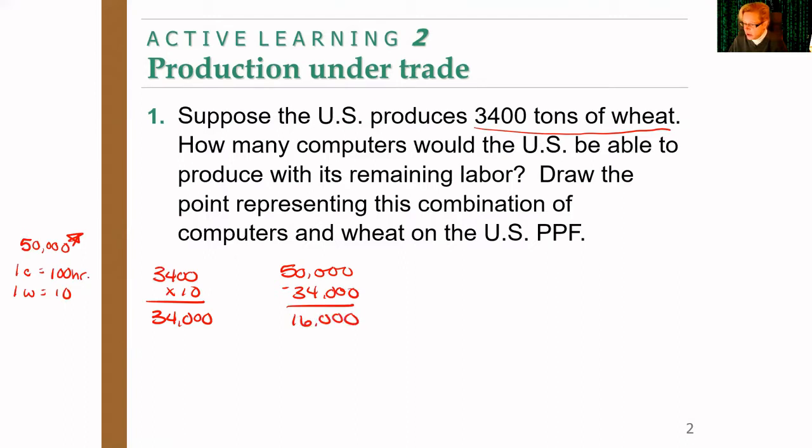It takes 100 hours to produce a computer, so I'm going to take 1,600, divide that by 100, or lop off 2 zeros. So the answer to this one is 160 computers. Now, there are different ways to get to it, and that's what's cool about math, but this is, in my opinion, one of the easier ways to do that.